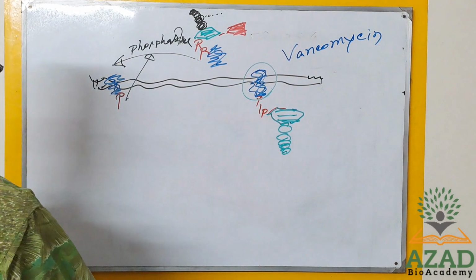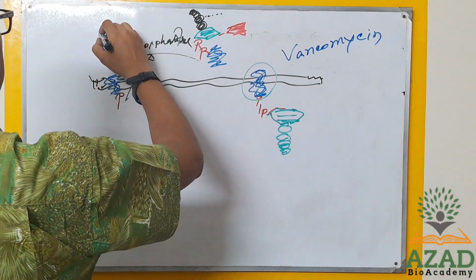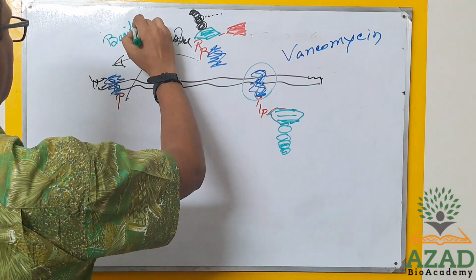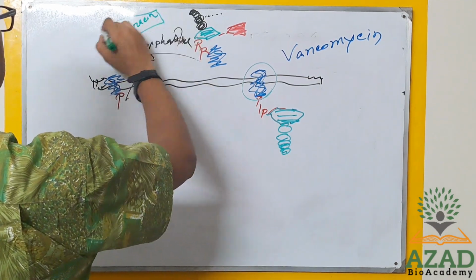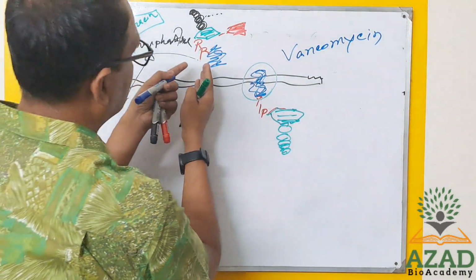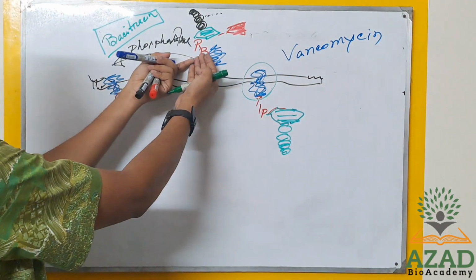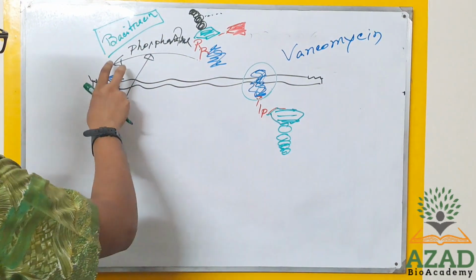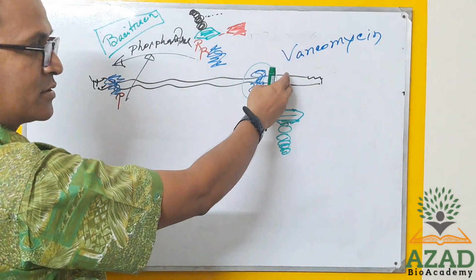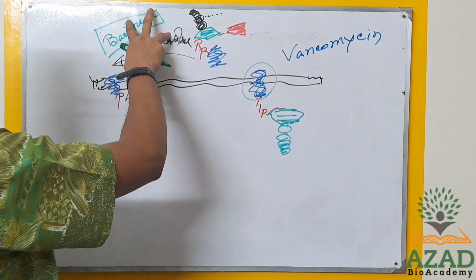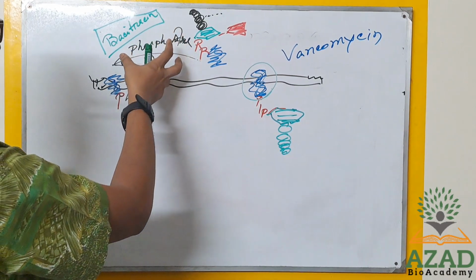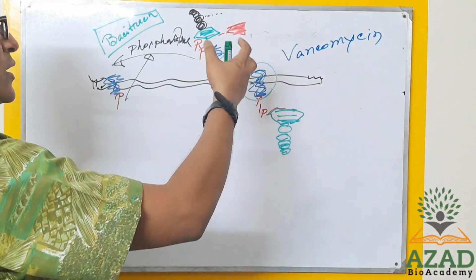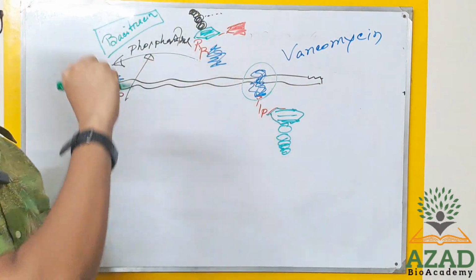That is bacitracin. That bacitracin antibiotic will inhibit recycling of the bactoprenol to the membrane. Without bactoprenol, as I already said, it's not possible. So bacitracin works to inhibit the recycling, and vancomycin inhibits the function of the bactoprenol.